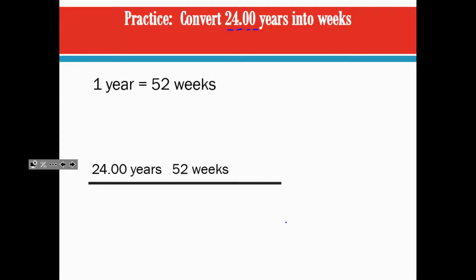I'm going to start with what I know, which is 24.00 years, and I'm going to put that on top of my train track. Now, I'm going to draw a line, and what I'm going to do is set up this train track. I am splitting the beginning of my problem with the first conversion factor, CF. Now, I turned this into a fraction, 1 year over 52 weeks.